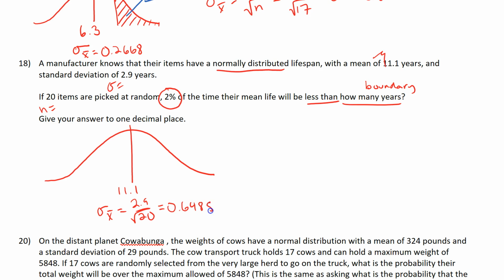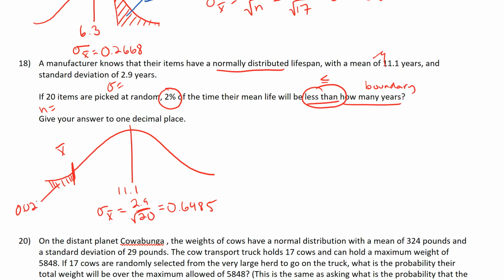And now we're trying to figure out, again, what's the boundary where 2% of their life will be less than so many years. So 2% is a very small percentage. So the area to the left, since they're talking about less than, is the area to the left, and we're trying to figure out what is this boundary that's going to cut off 2%.